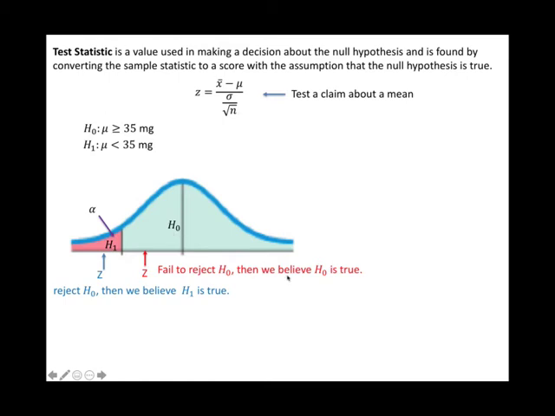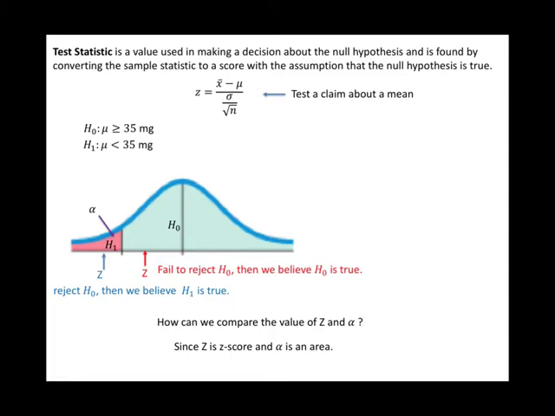But think about it. I have the alpha and I have the z-score here. How can we compare these two values? Remember, the z-score is a value from here, and your alpha is talking about the area. So these are two different things we can't really compare. So now we're going to introduce two methods.